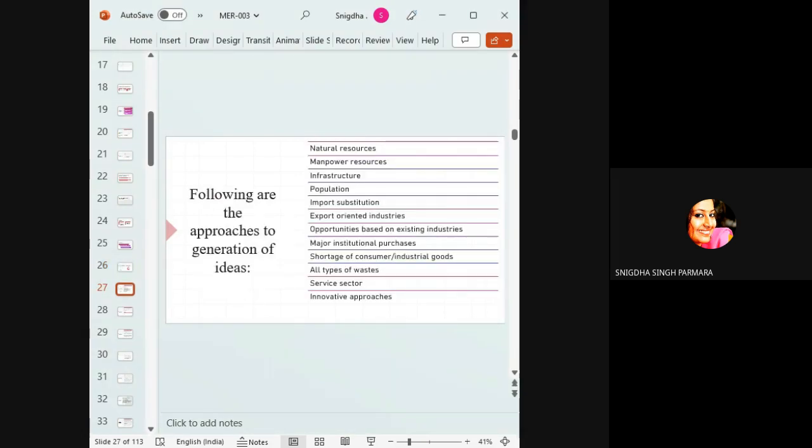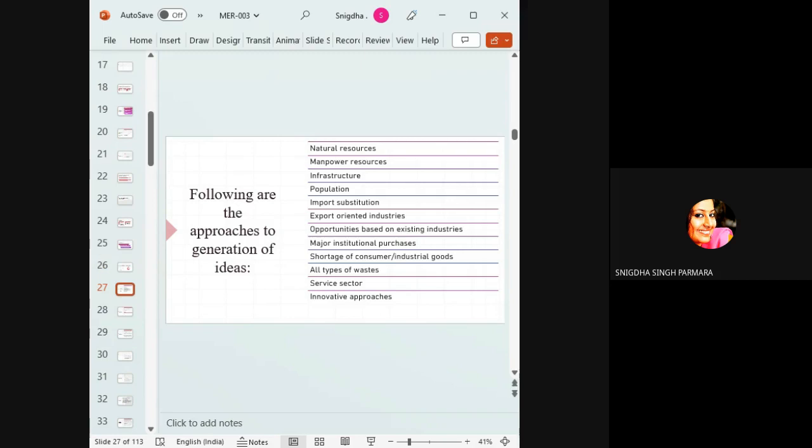Okay. So, what are the approaches to generation of ideas? The approaches can be resources, as in every country is endowed with a lot of natural resources. So those natural resources can be exploited for the benefit of its population.